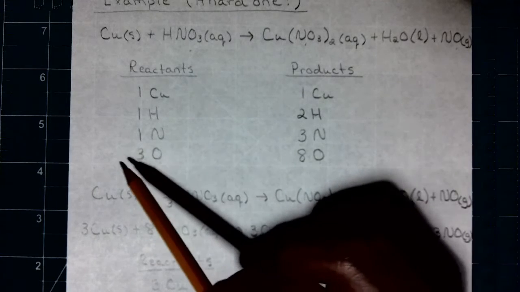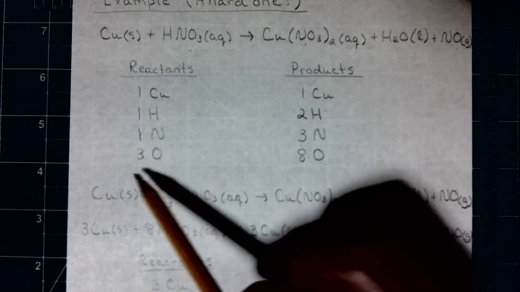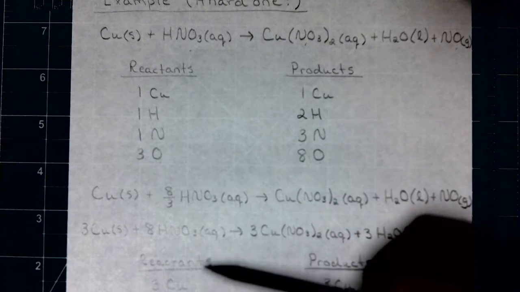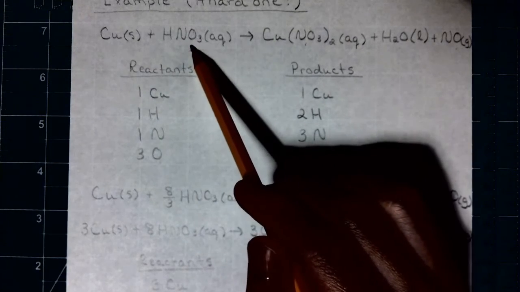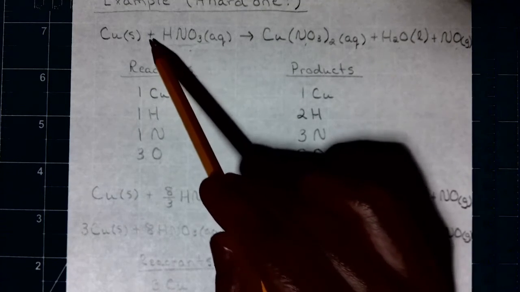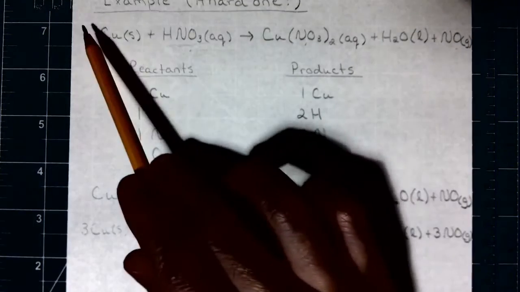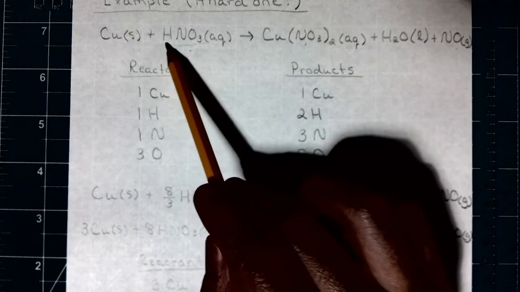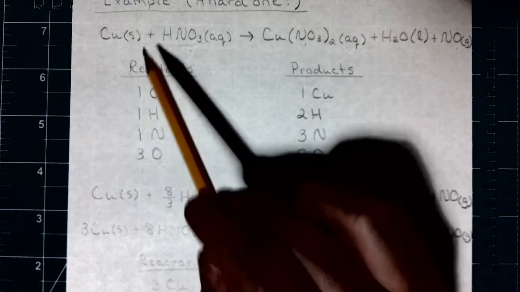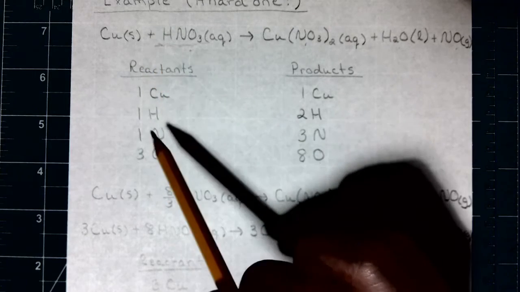I can't just multiply this by a whole value and make it 8 in order to get to here. But that's really tempting because this is the only guy over here that has oxygen. So I can really manipulate all the oxygen on this side by multiplying this coefficient. And I'm ultimately going to have to. I have to add more oxygens over here and I have to change this coefficient.